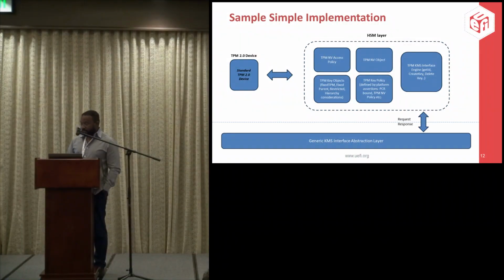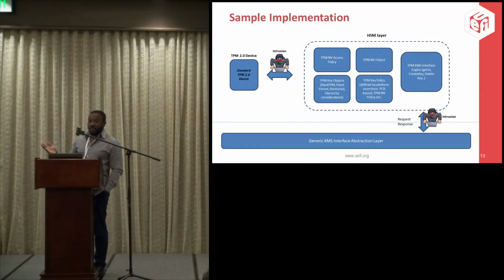One way you can fix that is that the next versions of TPMs coming up have the SPDM interface, so that will help close that flaw with the TPM and the HSM layer. But then you still have the issue of an attacker being able to read your keys or get your key ID and say, hey, I want this key ID.